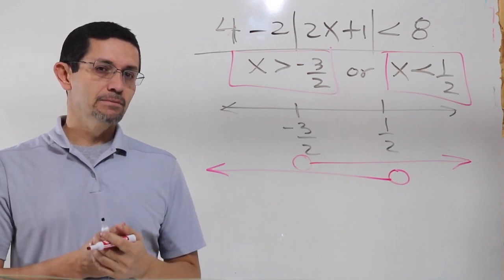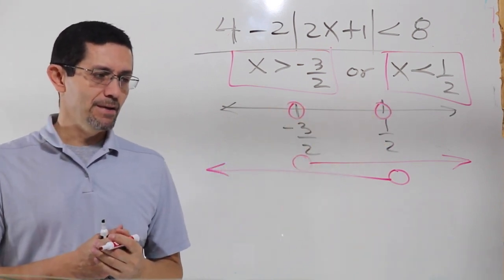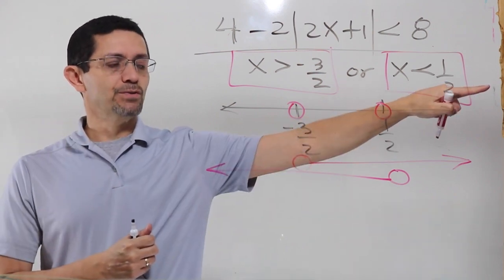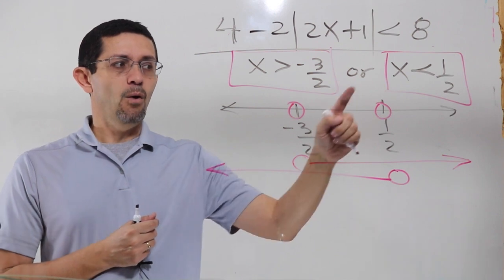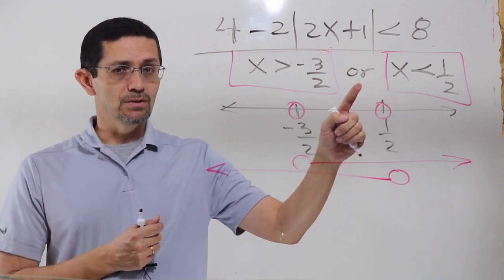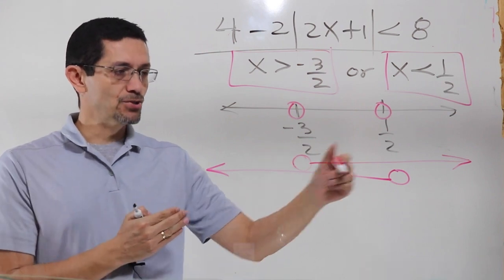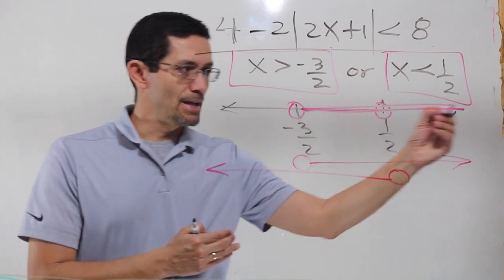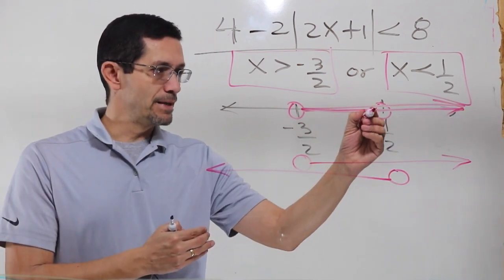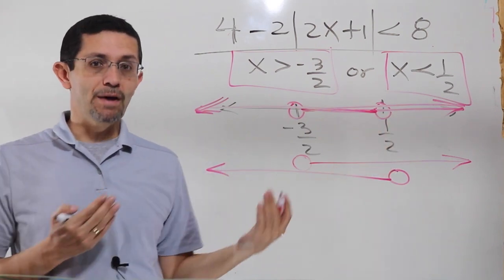What happened now? Interesting. So remember, I have that, right? And I have this going all the way to the right, and I have this going all the way to the left. But again, or is union, right? Union, meaning both answers. So this answer, let me translate over here. This answer and this answer from here to the left, both answers are part of my answer.